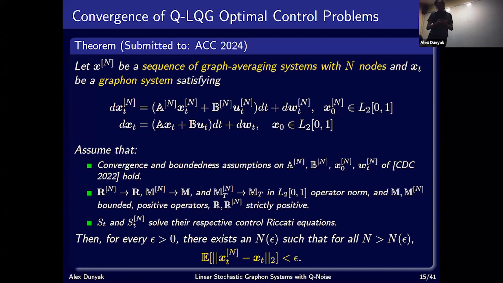When you have your sequence of graph averaging systems xn and you have your graphon system x satisfying their respective stochastic differential equations, then when the required convergence and boundedness assumptions hold on all the operators, the initial conditions and the Q-noise, as well as on the cost operators, the strictly positive R and the positive but not strictly positive M's, we can show that the two systems do converge, both in cost and in the actual trajectory, which is our result down here.